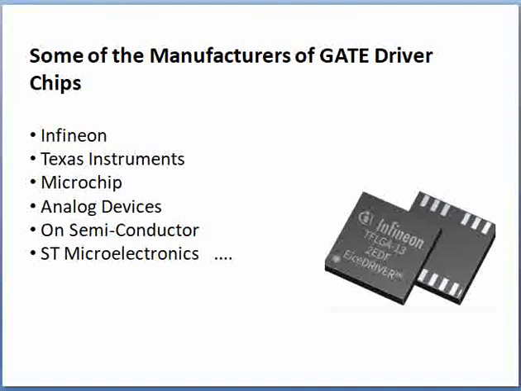Other than that, for all different applications, we all know the Texas Instruments DRV chip is very famous. We might have used it. Microchip is another manufacturer. Analog Devices, which we have talked about before, ON Semiconductor, ST Microelectronics, and there are several others as well. So these are some of the manufacturers of gate driver ICs.